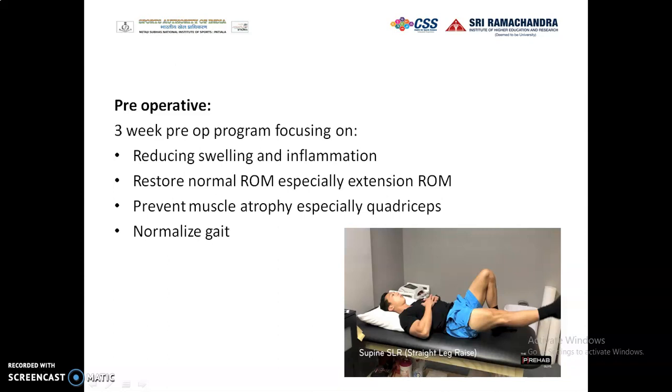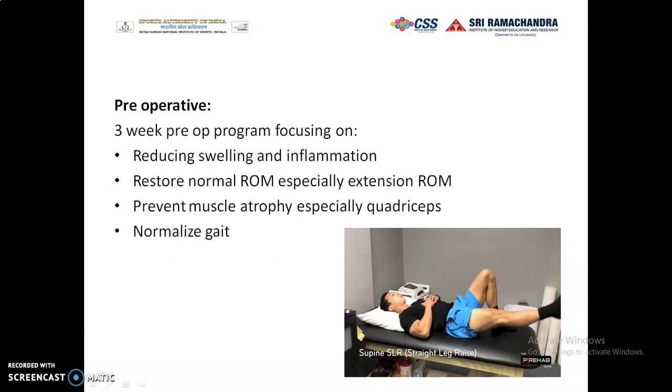As we saw in the previous slides, the customized rehab is based especially on the graft type and the surgical procedure, whether they are going to do ACL reconstruction alone with any of the mentioned grafts, or the ACL is going to be performed along with a meniscal repair or a meniscectomy. They also look for whether any structures other than the ACL are involved arthroscopically.